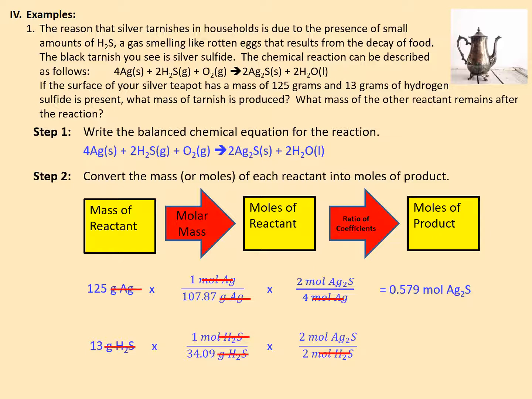Once again we see that our unwanted units cancel out. We're left with moles of silver sulfide, and here we produce 0.38 moles of silver sulfide. So we are in a position to determine the limiting reactant in this problem.